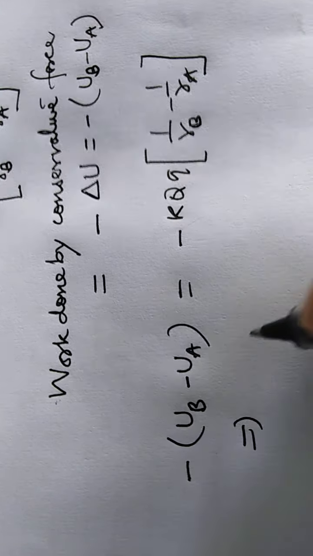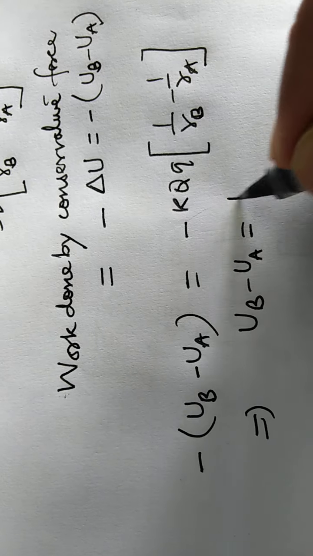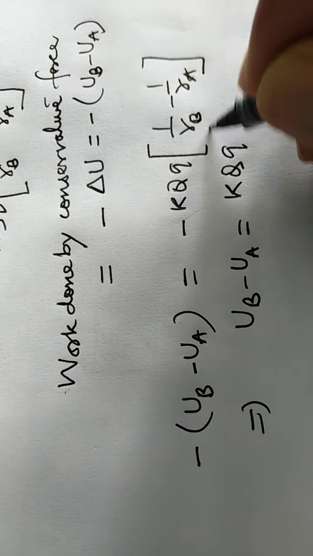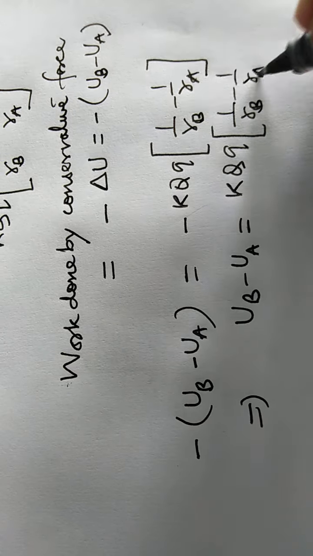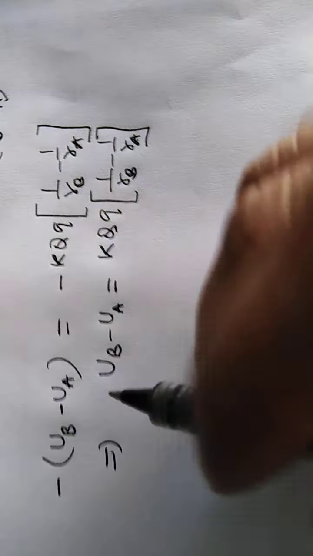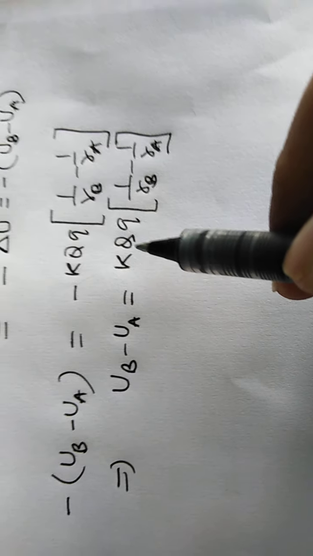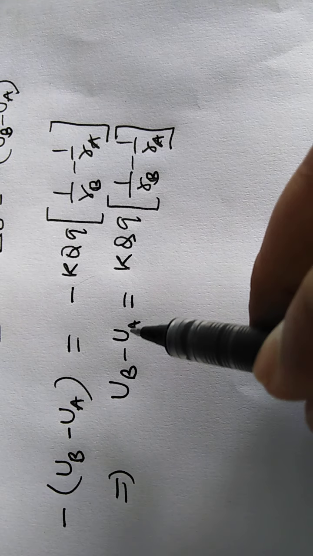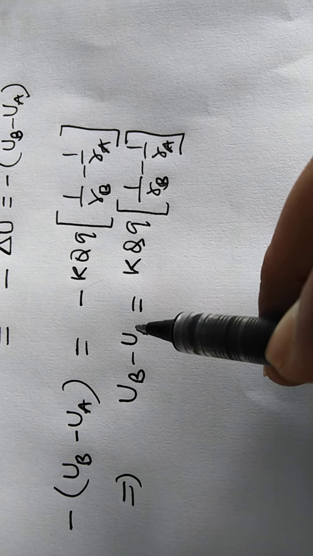We can cancel out the negative sign and get U_B minus U_A is equal to kQq (1/r_B minus 1/r_A). This is the expression of electrostatic potential energy difference, because you can see it is a difference of potential energy, U final minus U initial.